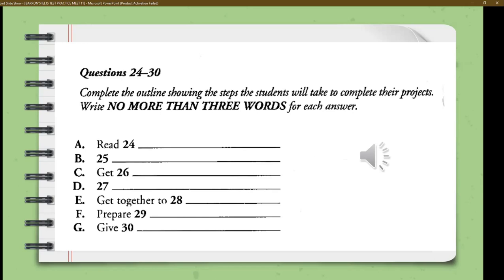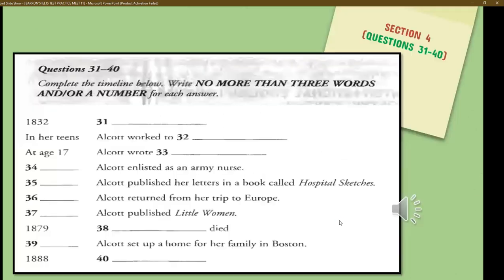That is the end of section 3. You now have half a minute to check your answers. Section 4. You will hear a professor give a lecture on Louisa May Alcott.